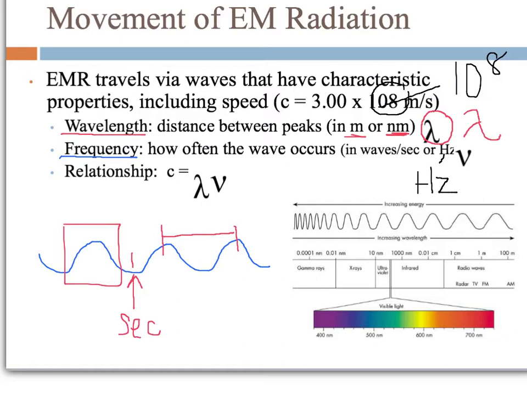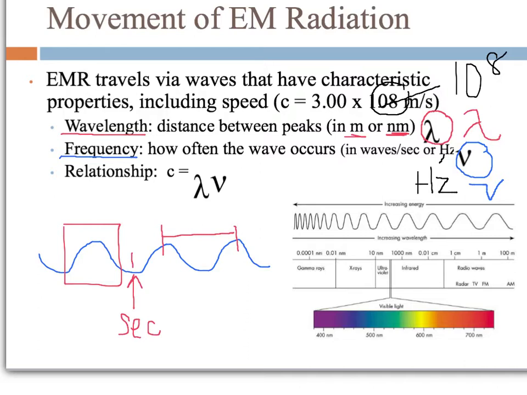It's named after a German gentleman named Heinrich Hertz, who did some of the early work on wave frequencies, and so the unit was given his name. We represent frequency with this letter. It looks like a V. It actually has a little lead-in tail, but that is the variable that we use to represent frequency.